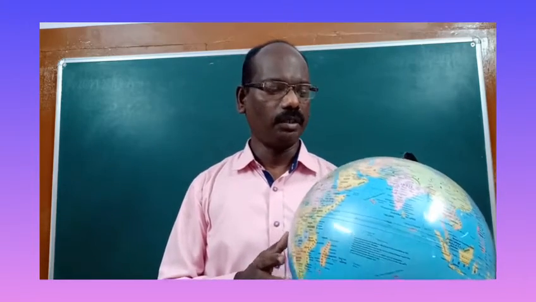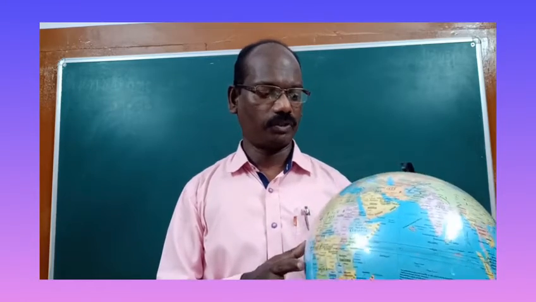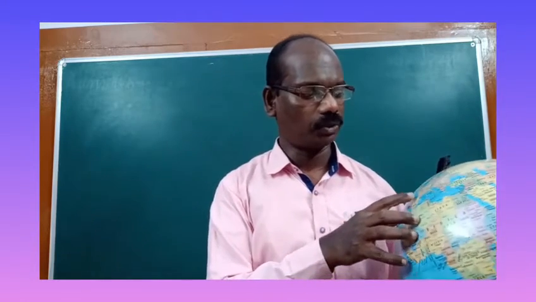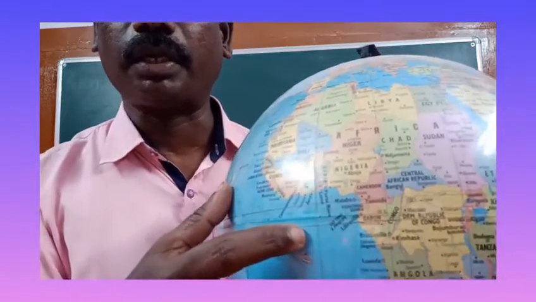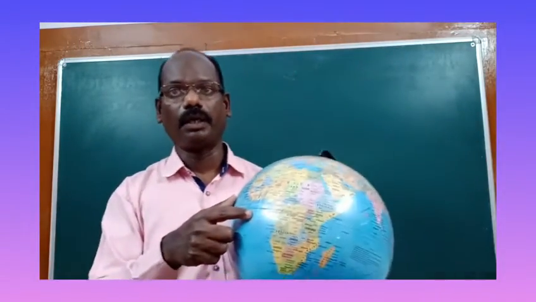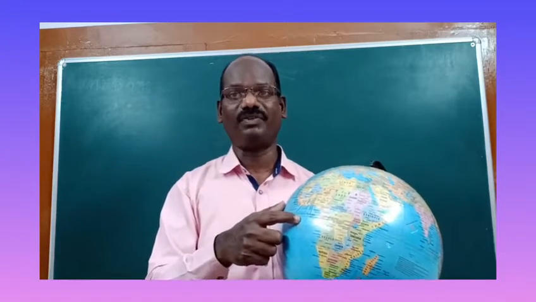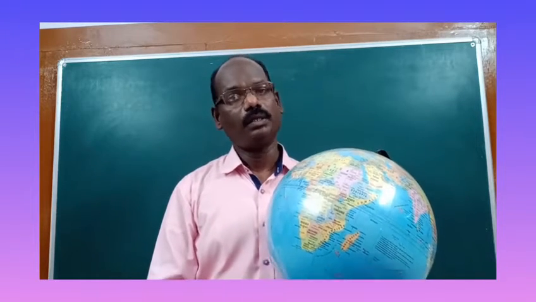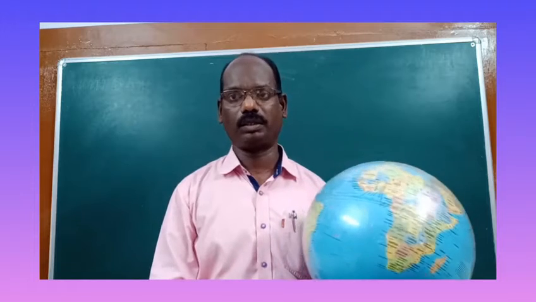The meridian that passes through Greenwich is considered the 0 degree meridian, and it is also called the Greenwich line. These two points we already learned in our class.